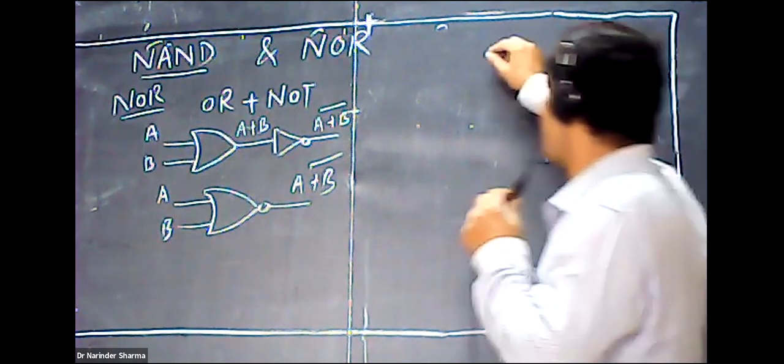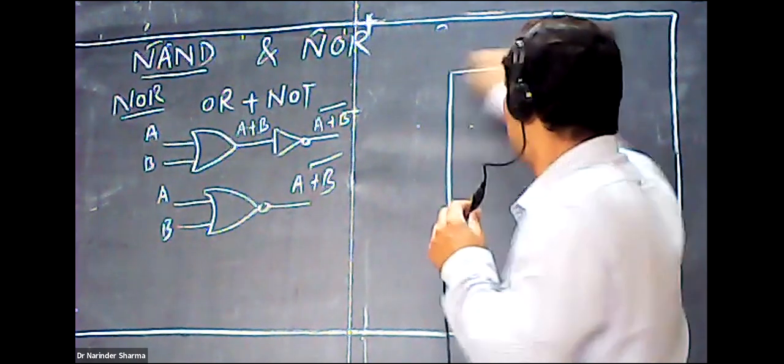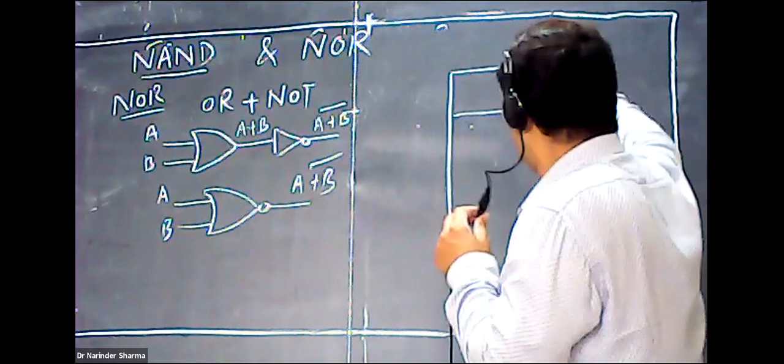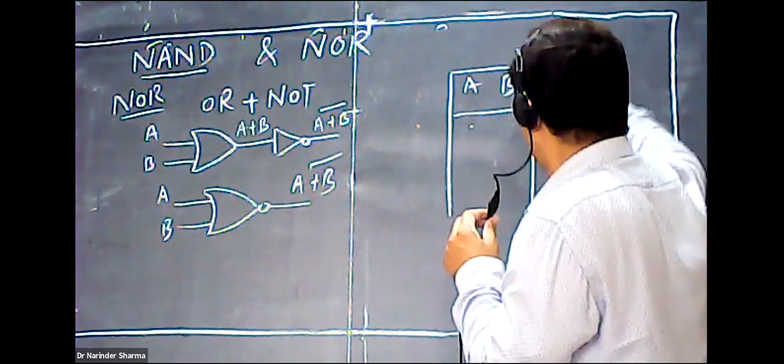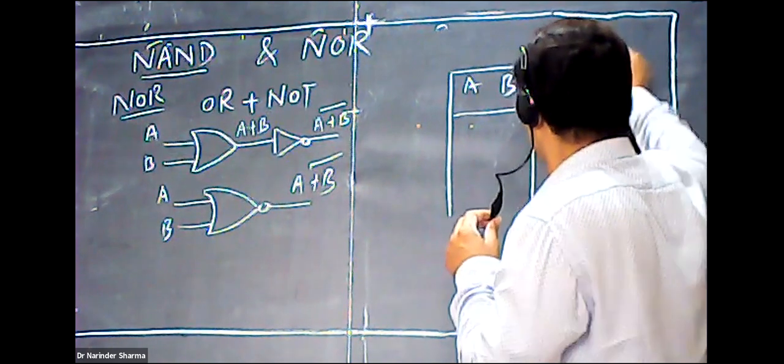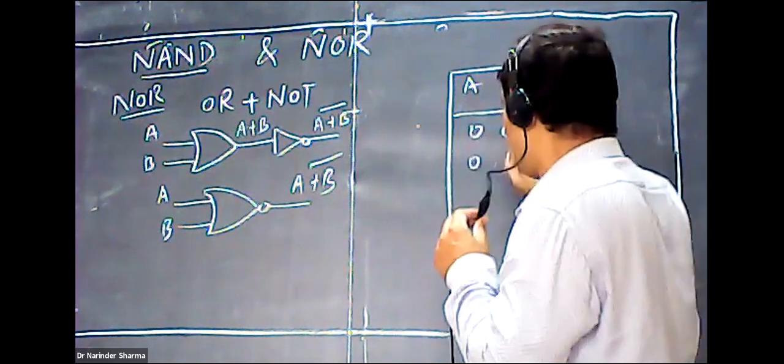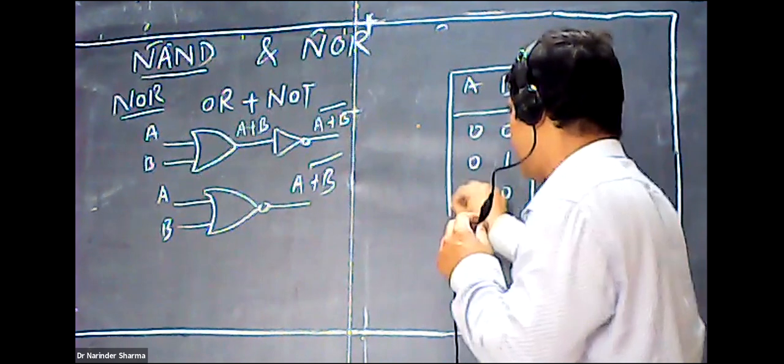Now we will go for its truth table. Inputs are A, B, output is (A plus B) bar. This is 0, 0, 0, 1, 1, 0, 1, 1.